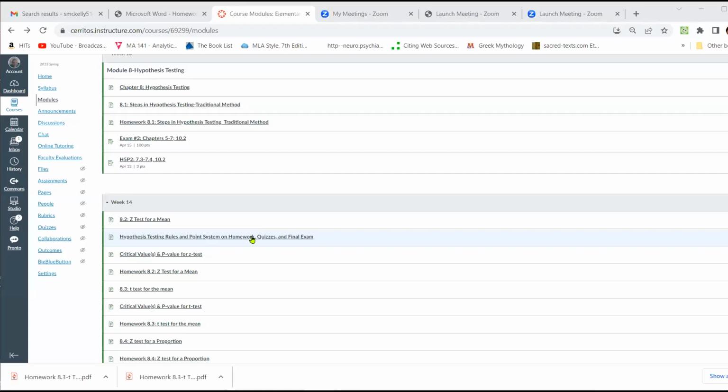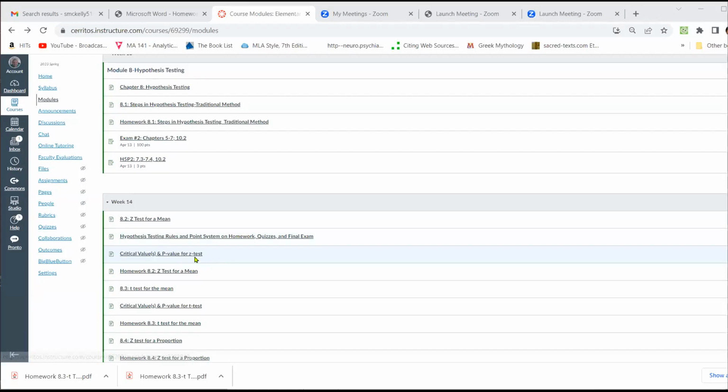So let me go here and make this a little smaller. You guys are familiar with this dance. We've done it before. Here's our 8.3, and we're going to download the PowerPoints for 8.3 t-test for the mean.